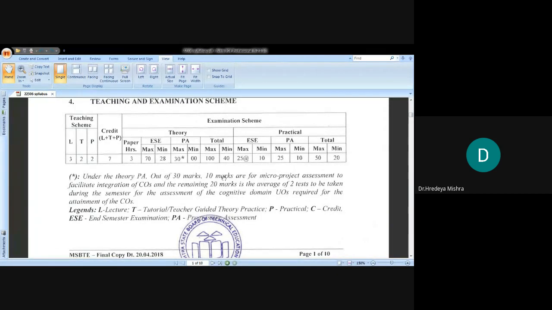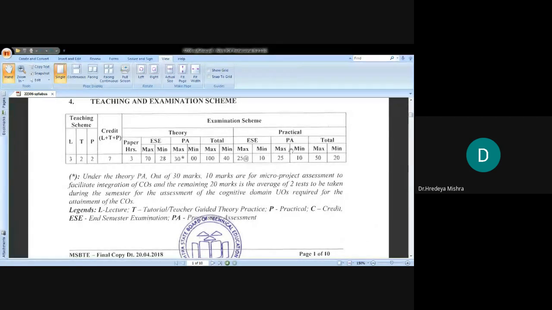So this is about your theory examination, and this is your practical assessment. What about your practical assessment? The practical assessment, ESE, is your external examination. An external examiner is there, and this is for 25 marks with 10 as the minimum marks, and this is your progressive assessment for practicals.